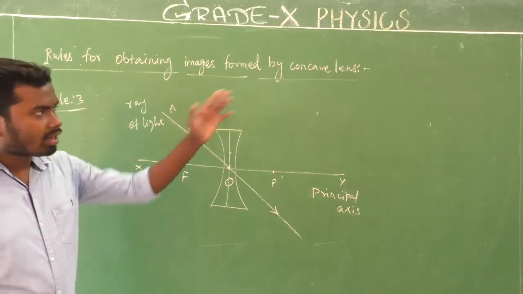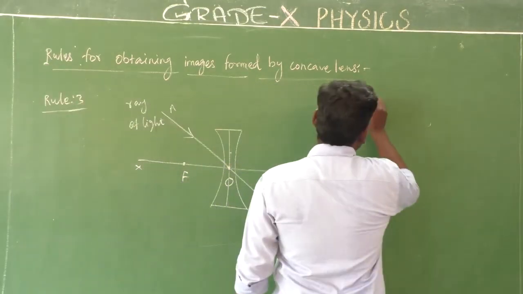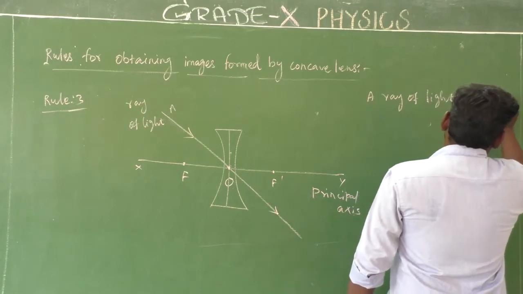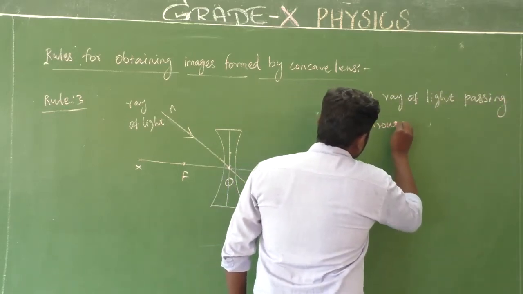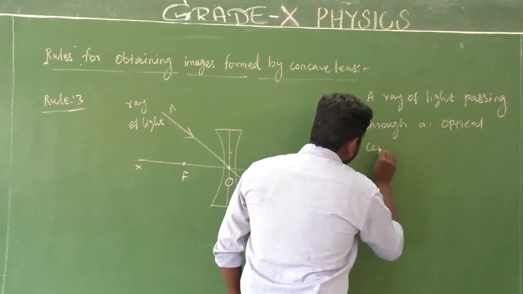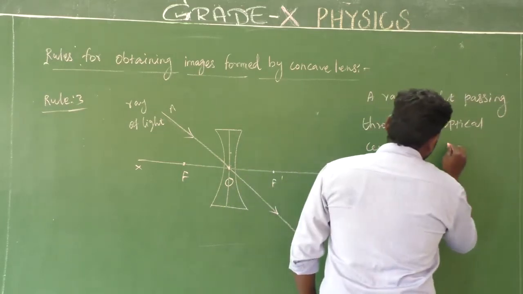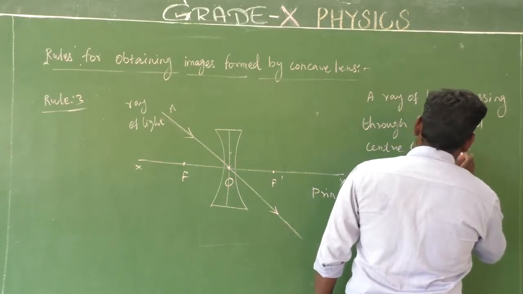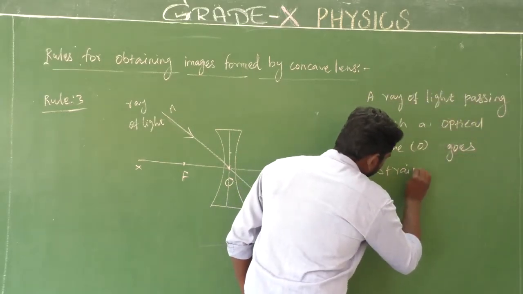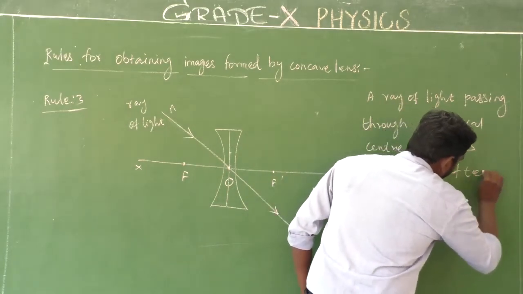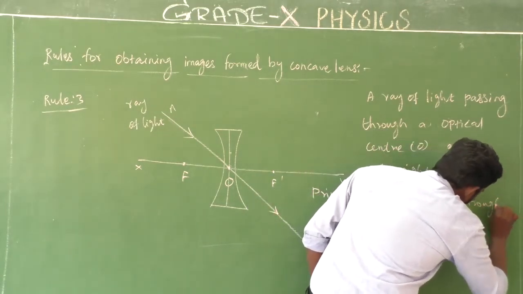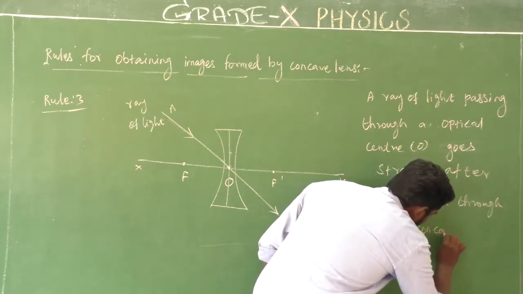Very simple. I will write it as theory. A ray of light passing through the optical center O goes straight after refraction through a concave lens.